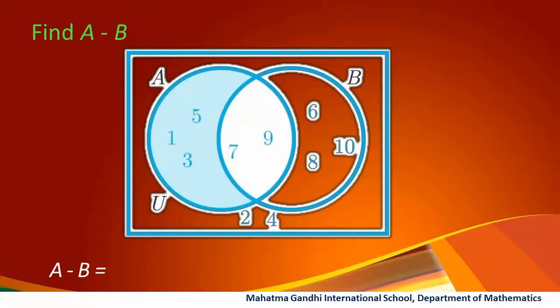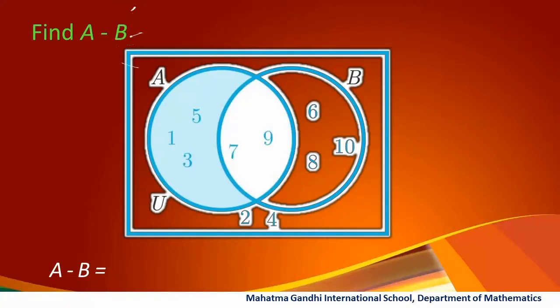Next one is how to find A minus B. We already discussed that A minus B is the set of all elements which belong to A but do not belong to B. So in this diagram, what are the elements which belong to A but not to B? Yes, it's 1, 3 and 5.